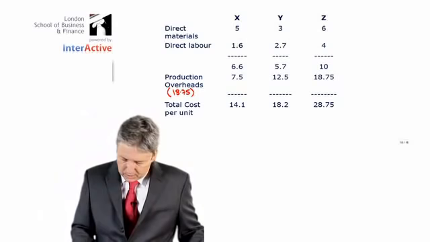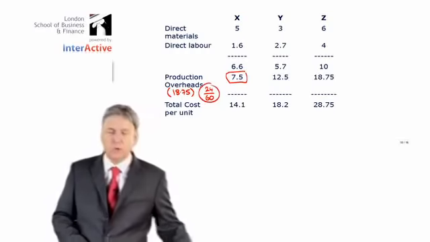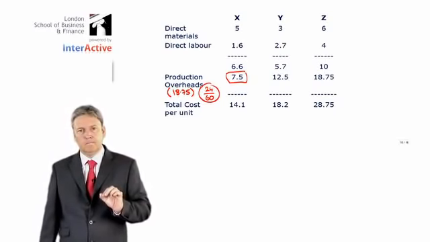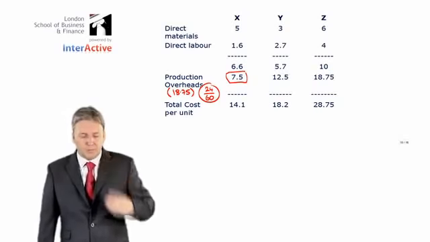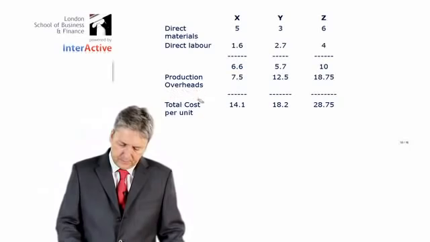In simple terms, we're going to take the figure 18.75 and multiply, well, let's just pick this number here. We would multiply by 24/60ths because there are 24 minutes taken on each unit of X. Okay? So, we've managed to get our product cost per unit.